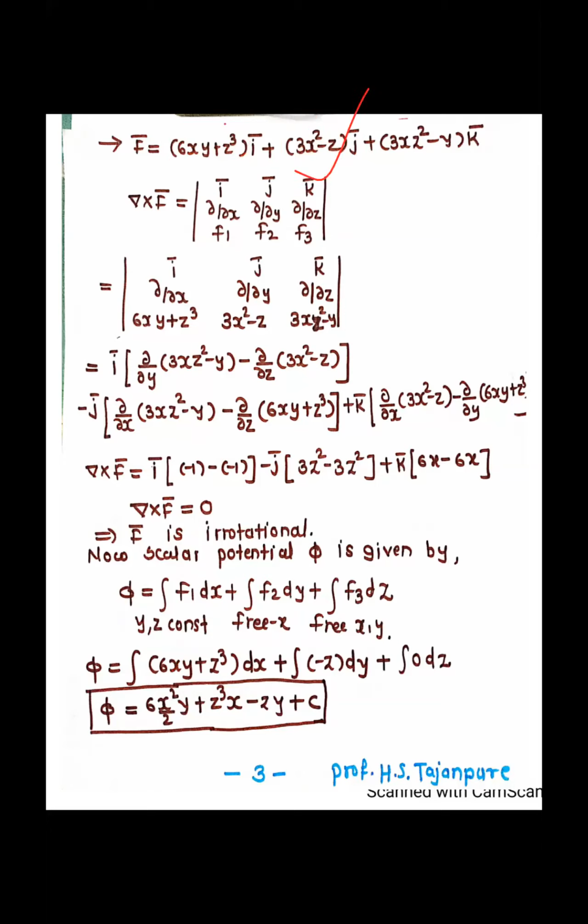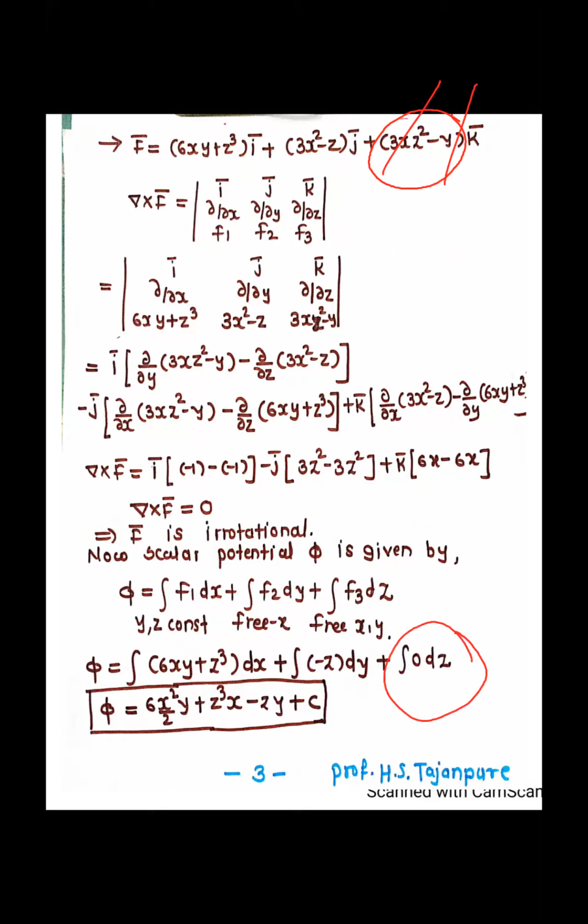So that term only you will have to write here, meaning you have to write such a term which is free from x. Then f3. Collect such a term from f3 which is free from x and y both. So there are two terms and both the terms contain x and y. That's why it is the integration of 0 dz.